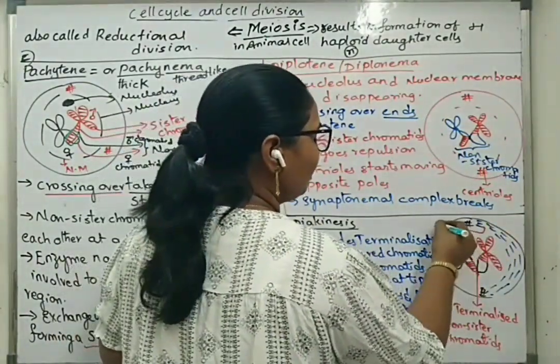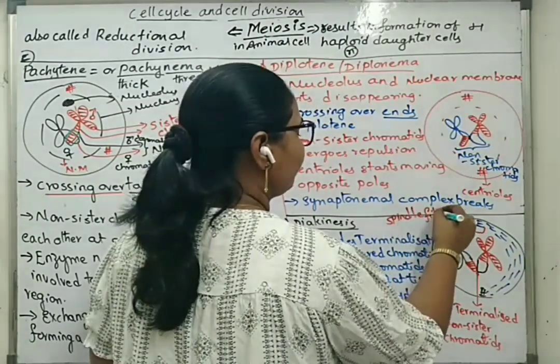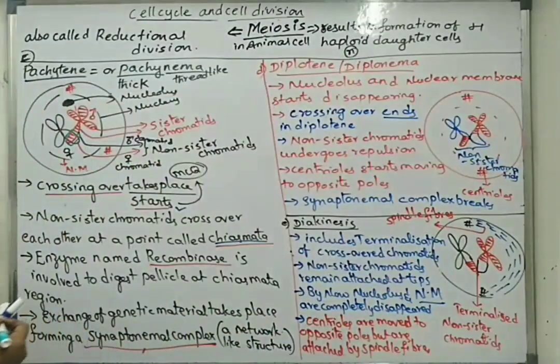So these are spindle fibers. So this is about prophase 1 and all its substages: leptotene, zygotene, pachytene, diplotene and diakinesis. Totally there are 5 different substages included in prophase 1.